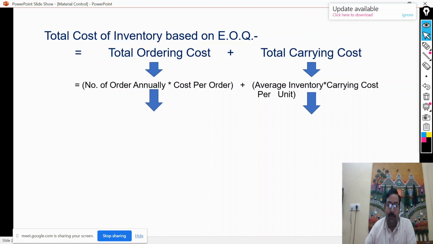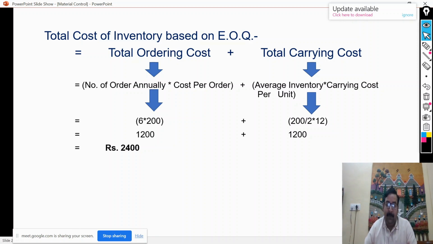The number of orders is 6, because annual consumption is 1200 units and EOQ is 200 units, so we order 6 times annually. Average inventory is 200 units divided by 2, multiplied by 12 carrying cost per unit. Then my total cost based on EOQ is 2400.